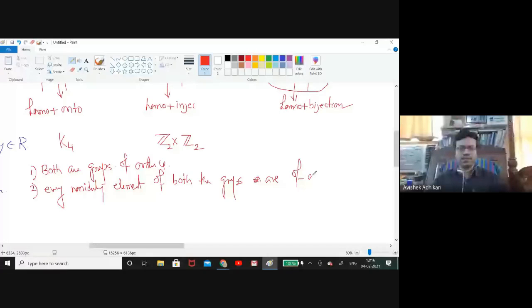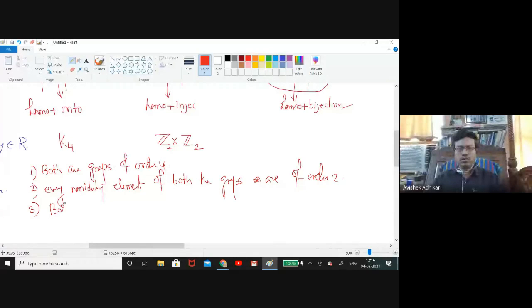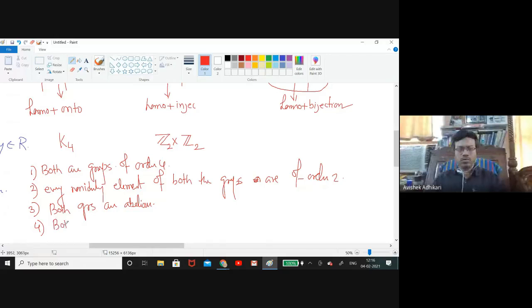Very good. Anything else? Both groups are abelian. Very good. Anything else? Both groups have two generators.